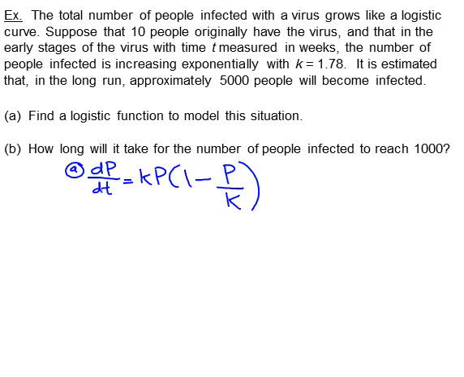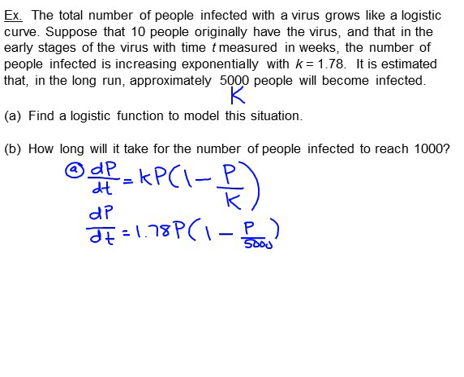Using the formula from the previous page, the rate of change of the population with respect to time is proportional to the current population times the quantity 1 minus the population divided by the carrying capacity. The carrying capacity, capital K, is 5,000, and lowercase k, the growth rate, is 1.78.